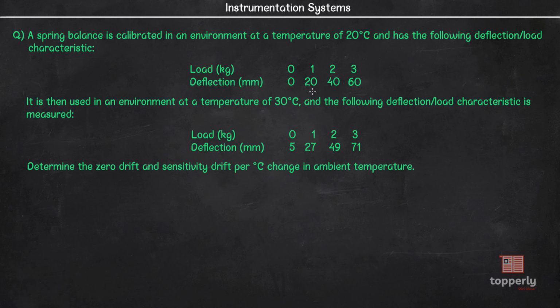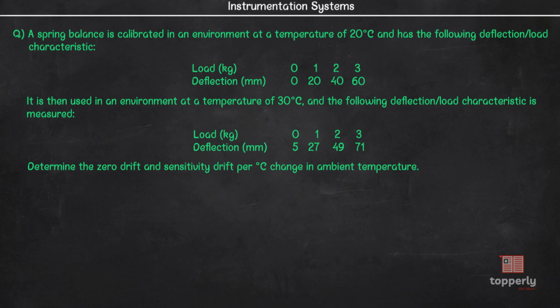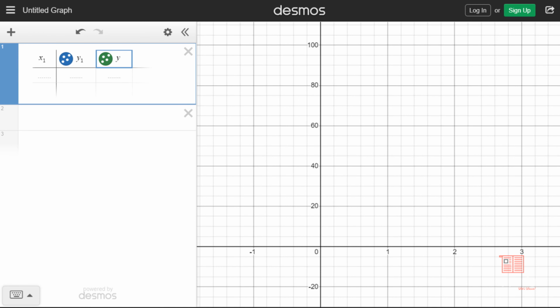The first thing we need to do is plot these data into a graph. So let us take the x-axis as load and the y-axis as deflection. Now when the load was 0 kg, the deflection at 20 degrees Celsius was 0, while the deflection at 30 degrees Celsius was 5 mm.